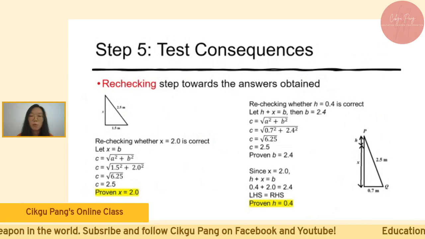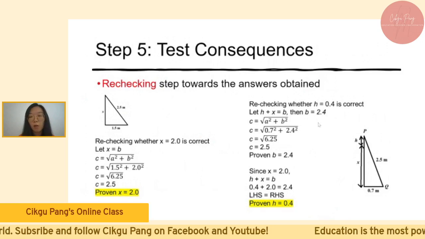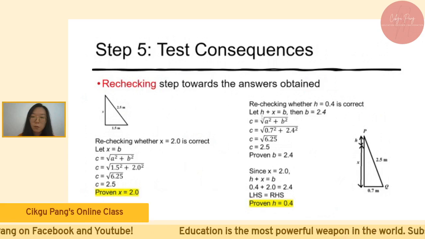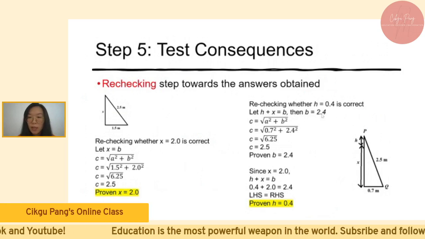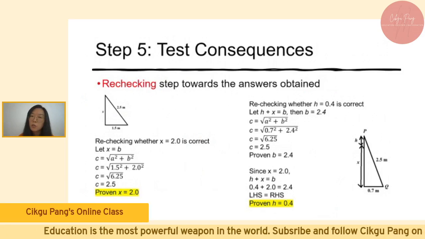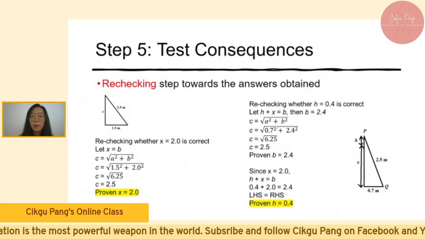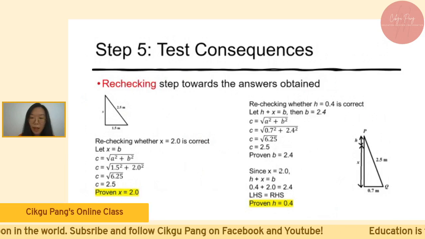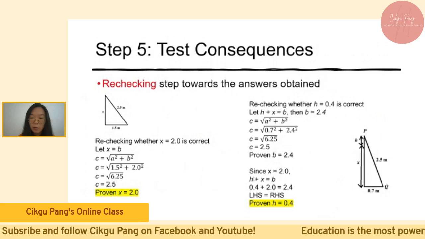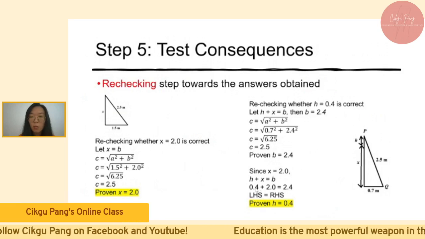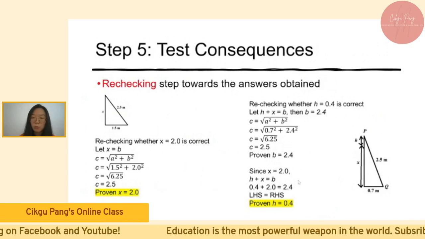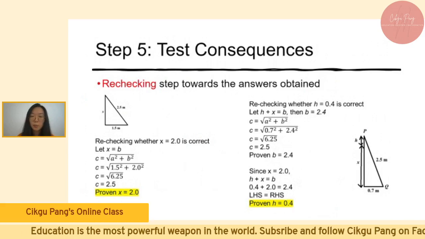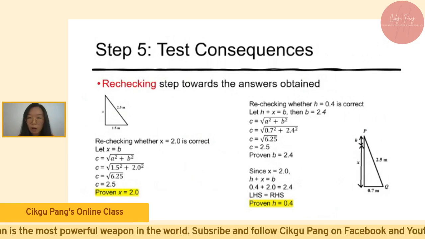Then we still have to check whether h is correct or not. So now we let h plus x equal to b, then b equals 2.4. Again, we use this Pythagoras theorem formula, and then we apply it. Since x is equal to 2, then h plus x equals b, 0.4 plus 2.0 equals 2.4. Left-hand side is equal to right-hand side. It proves that h is 0.4.